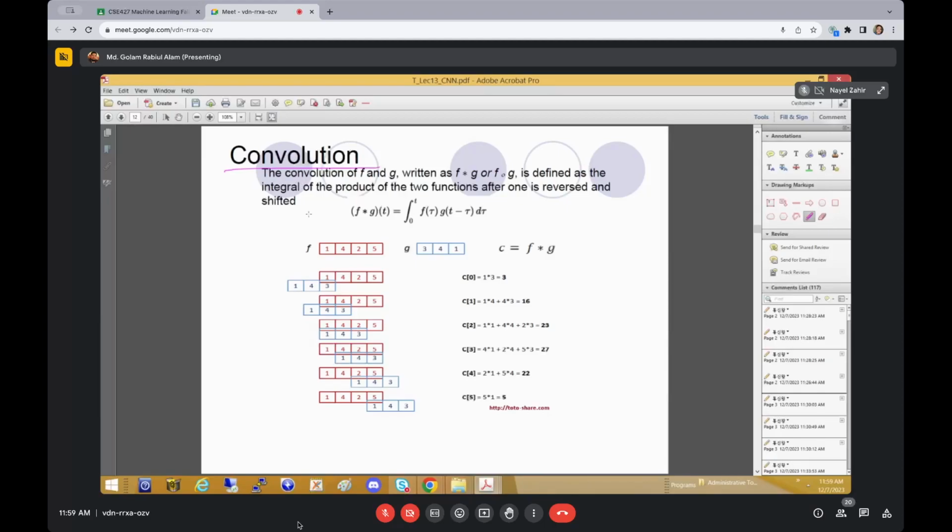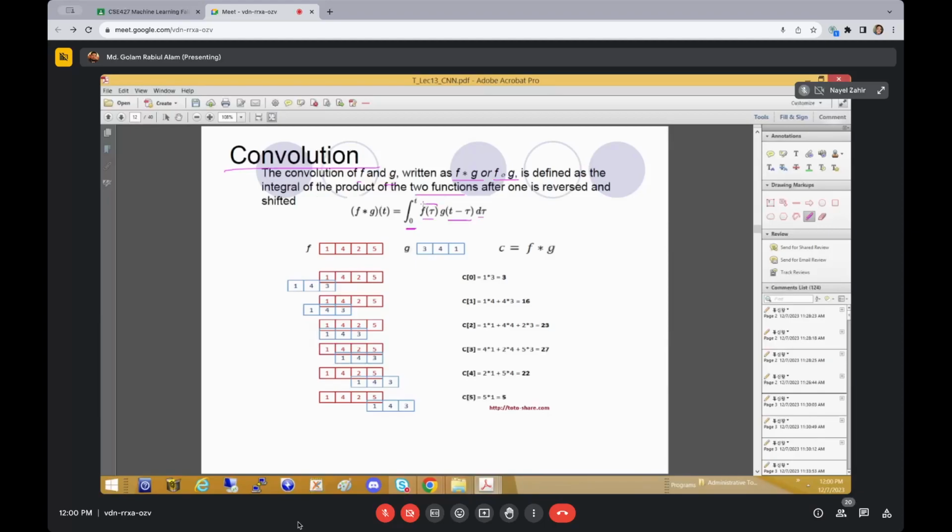Specifically, if we have two functions f and g, we usually write f convolution g, which is defined as the integral of the product of two functions. Here one function is f of tau and another is g of t minus tau, with d tau. This is the integration, the integral of the product of two functions.